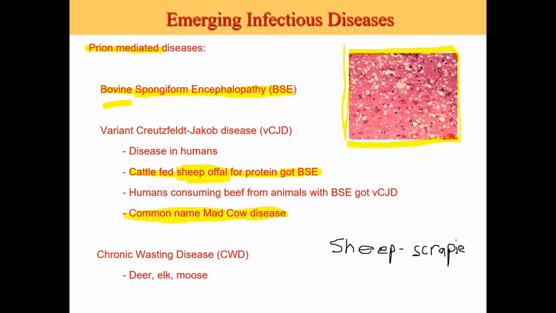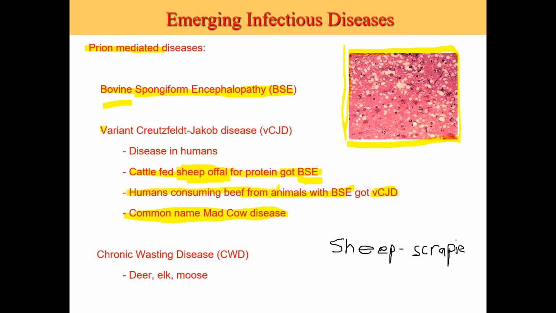They got the disease, and then humans eating the beef from these animals with BSE developed a prion disease called variant Creutzfeldt-Jakob disease. So mad cow disease occurs in cows, and it's also used by the public to describe the disease in humans, that it's mad cow disease that they caught because they catch it from infected beef.